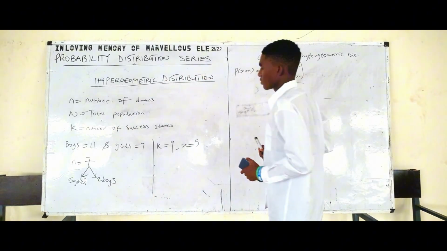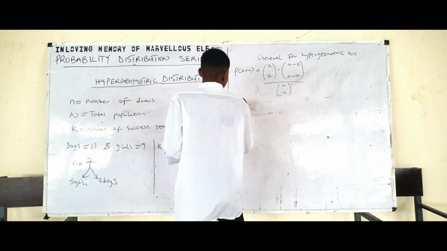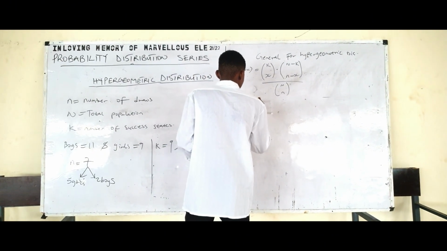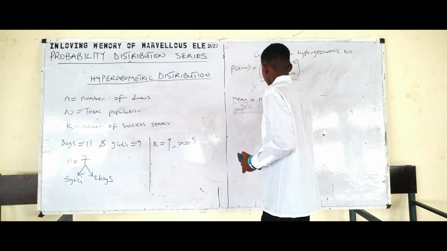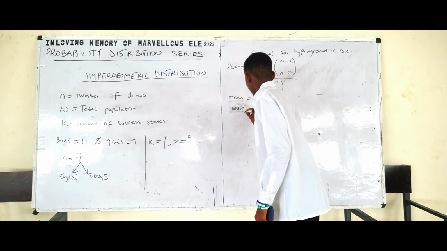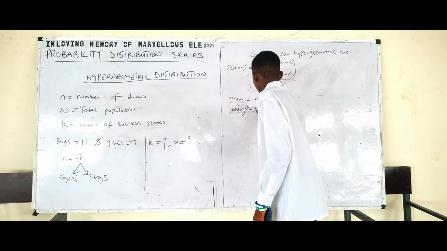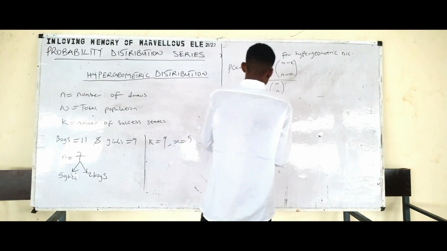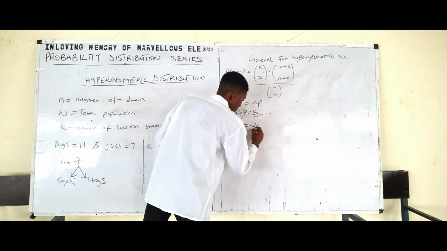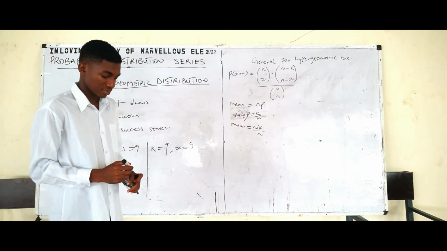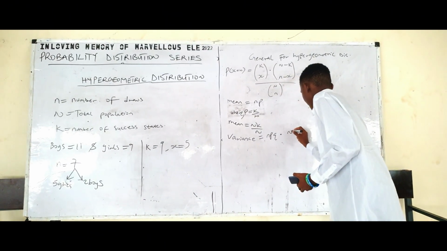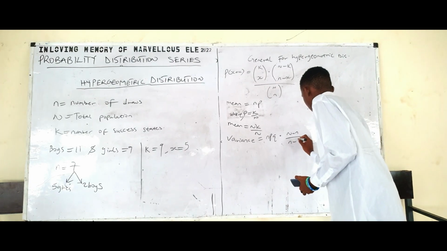I've explained all these parameters already. In the hypergeometric distribution, our mean equals n times p, where p equals K over N. So our mean equals nK over N. The variance is npq times N minus n all over N minus 1.